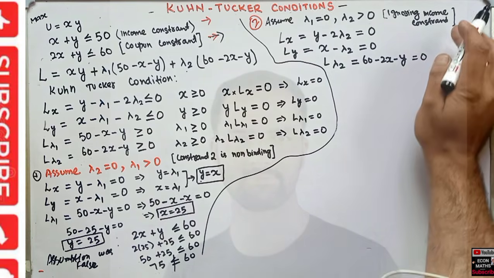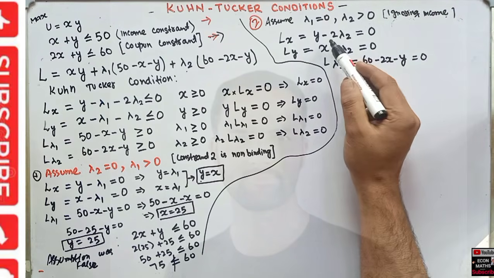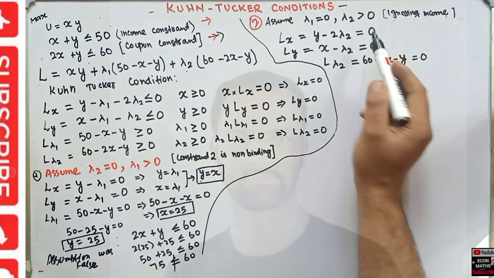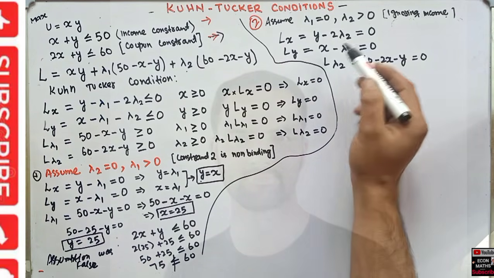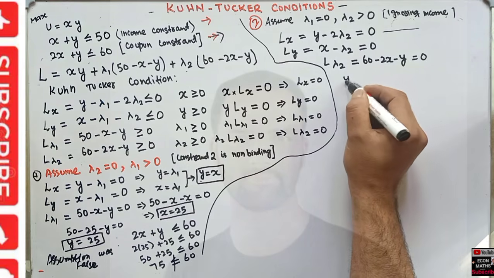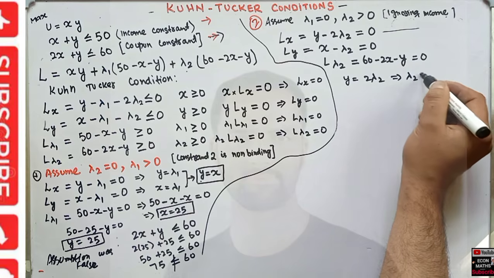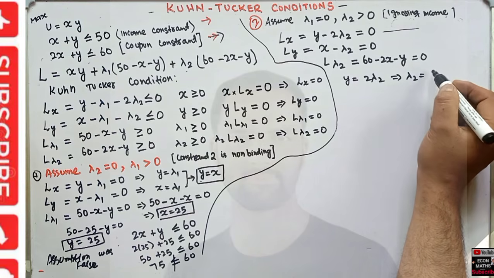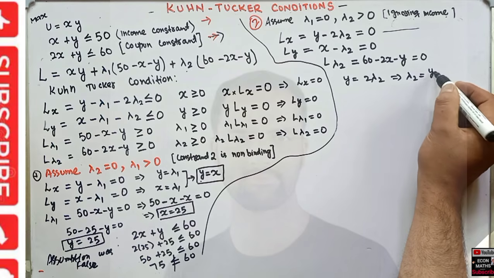Let me rub this out to make space here. From y minus 2 lambda 2 equal to 0, what will we get? We get y is equal to 2 lambda 2, which implies lambda 2 is equal to y upon 2.